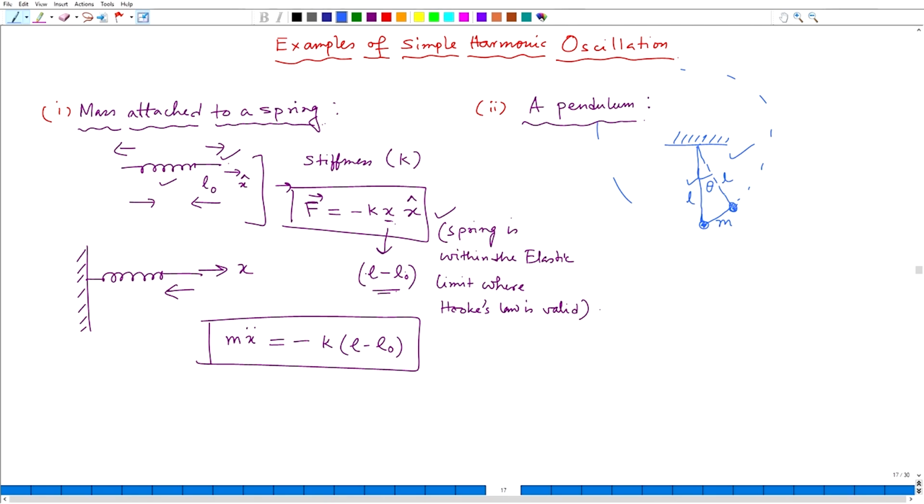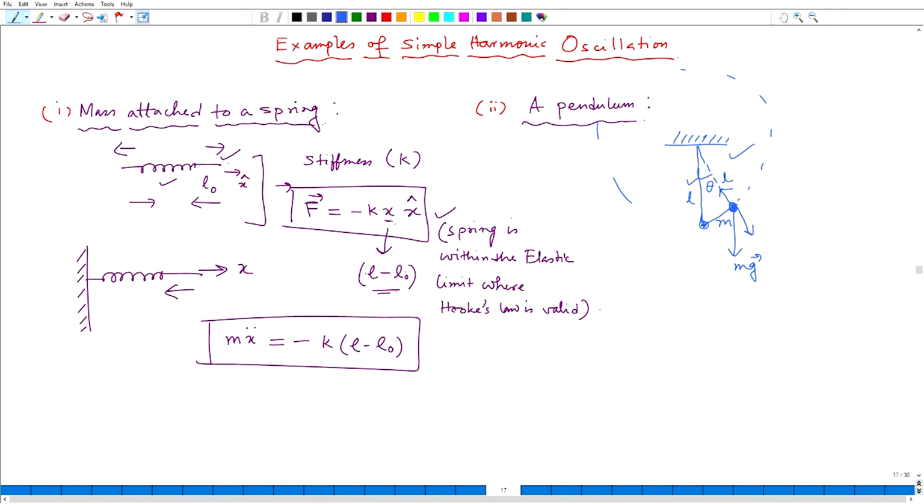It is very interesting that when the bob is here, it is acted upon by several forces. One is the tension force, another is the weight of the bob, which is mg vertically downwards. Since mg is vertically downward, you can have two components.